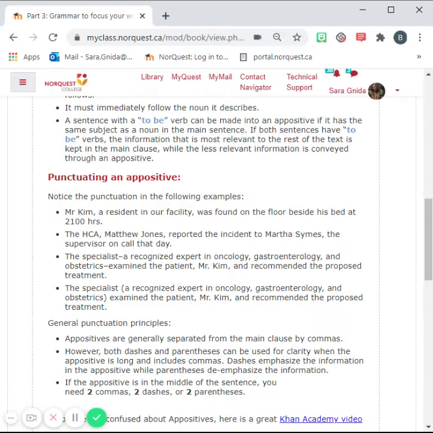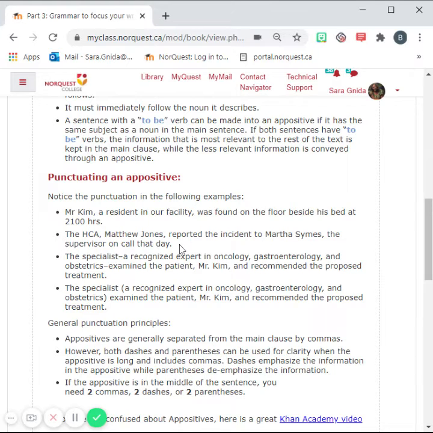Resident in our facility is extra information, and it renames Mr. Kim. Mr. Kim, a resident in our facility, was found on the floor beside his bed at 2100 hours. Notice not just the punctuation, but notice my intonation as I'm reading this. Okay, let's look at the second one.